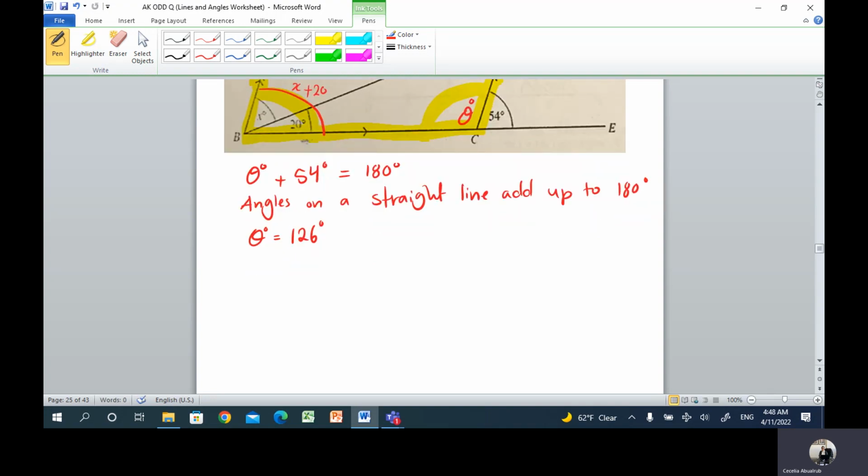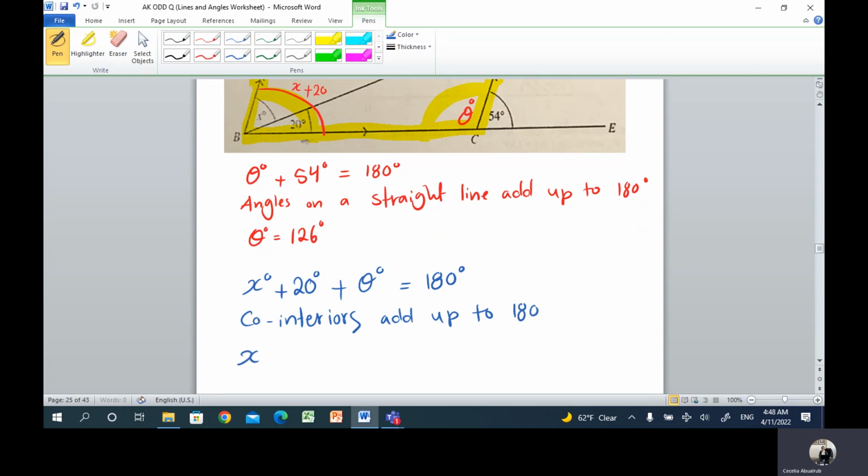Okay, so x is my unknown now, right? So we're going to say x plus 20 plus theta is equal to 180 degrees. Why is that? Co-interiors add up to 180 degrees.